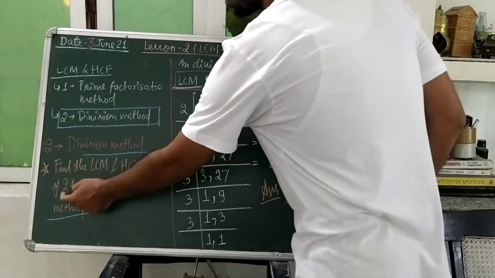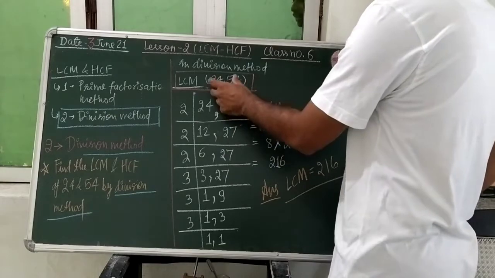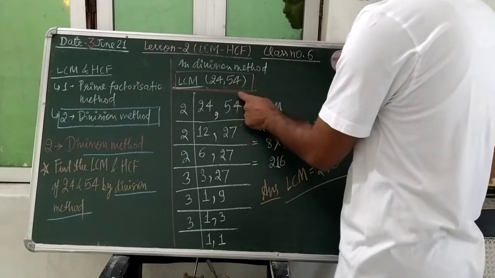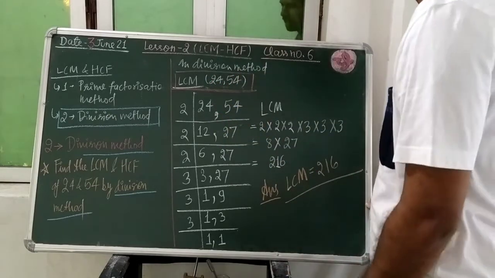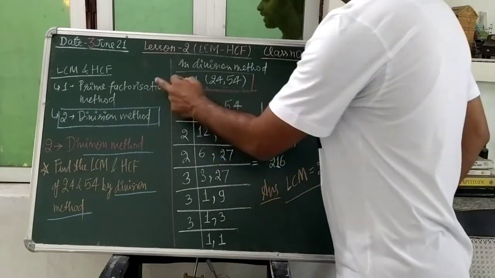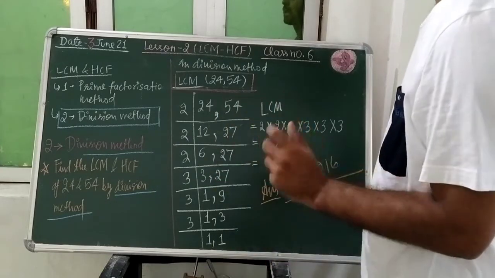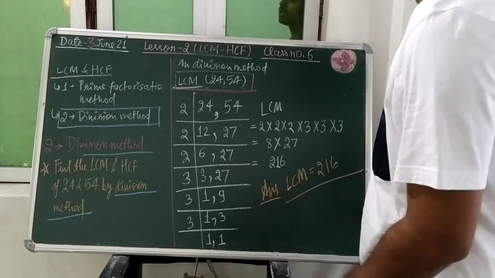So the numbers are 24 and 54. You will select both numbers and apply a rule which is very similar to the prime factorization method.